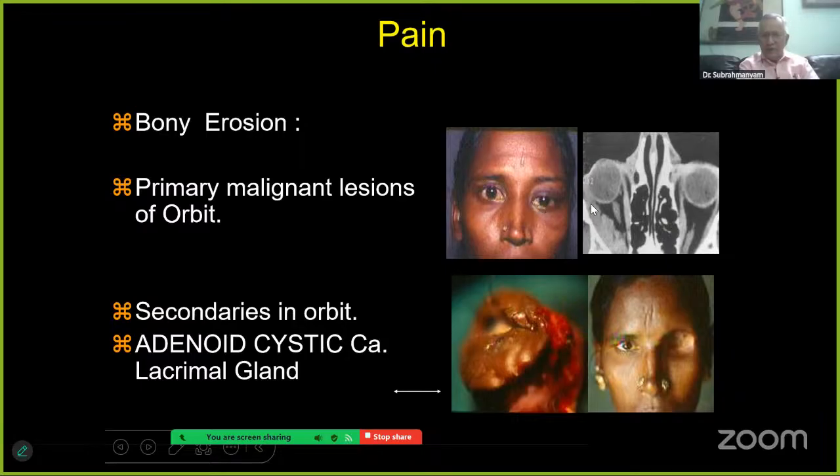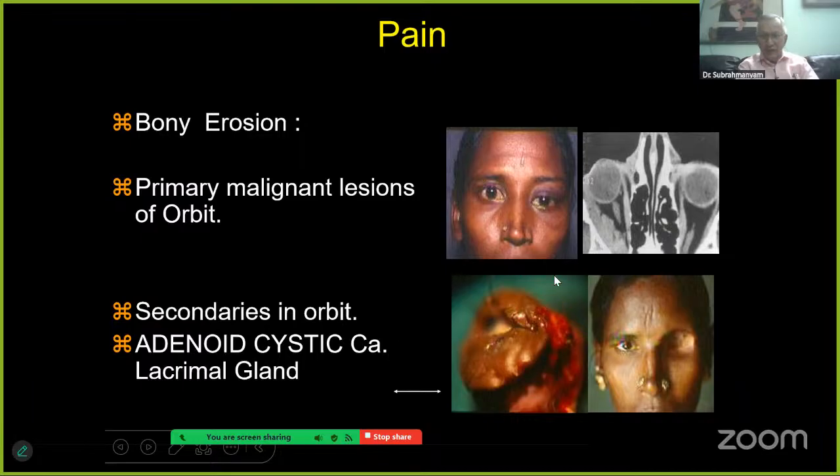The CT scan shows a mass with irregular borders in the lacrimal gland with bony erosions, and there is a loss of sensation on the lateral side of the forehead, which is typical of adenoid cystic carcinoma.